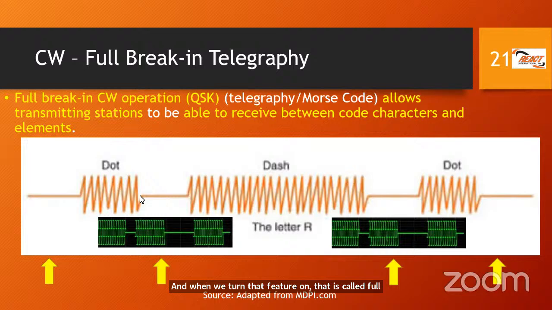Now there's a reason why we may want to enable full break-in mode. It could be irritating, yes, but there's a good reason that it's a feature on many radios. While I'm sending a message in Morse code, if there's an emergency on the frequency while I'm transmitting and another operator transmits whose signal I can receive, in between my dits and das or between the letters of my transmissions, I will actually hear if there's another ham radio operator that starts to send dits and das also.